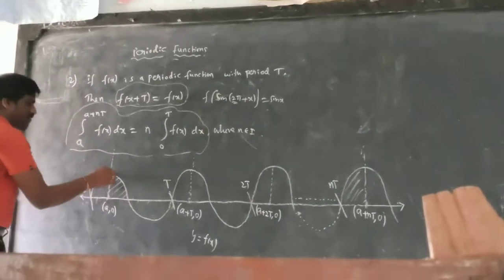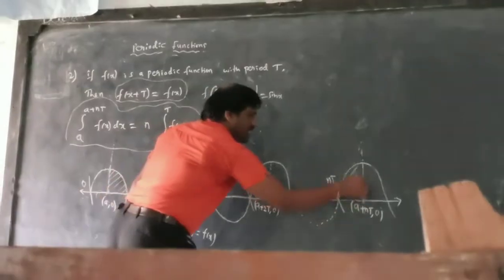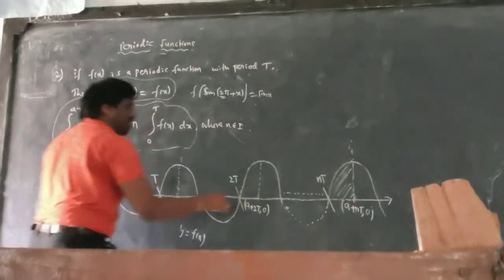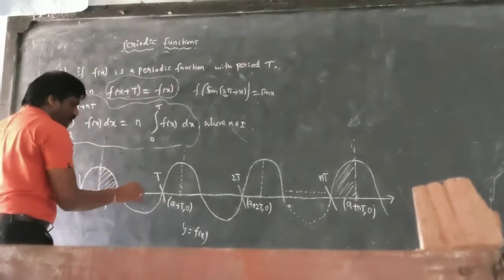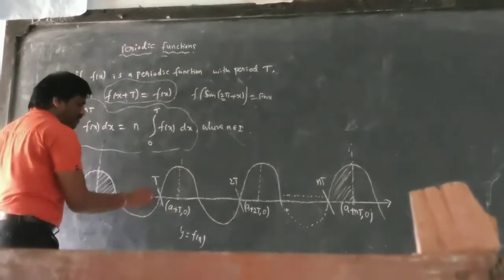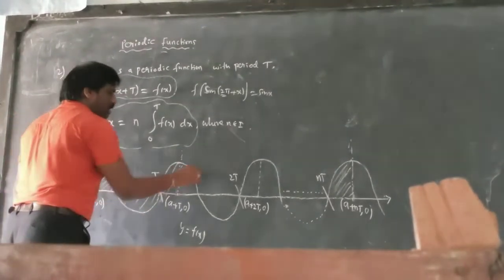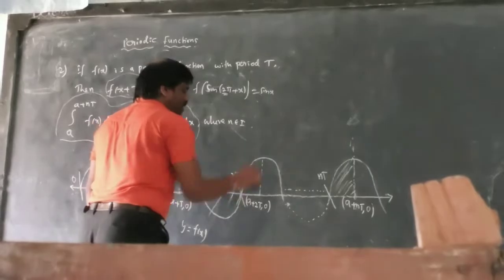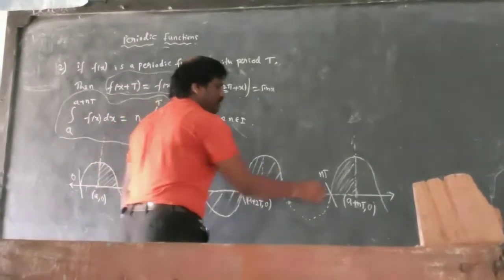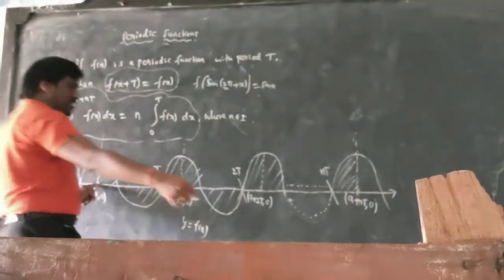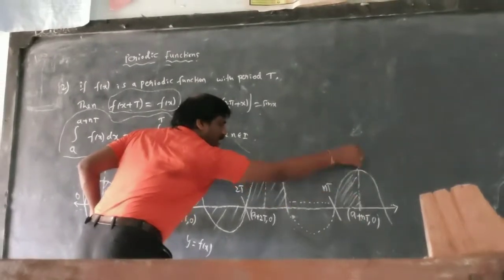What is the area from A to A + nT? This is the area, from here to here.